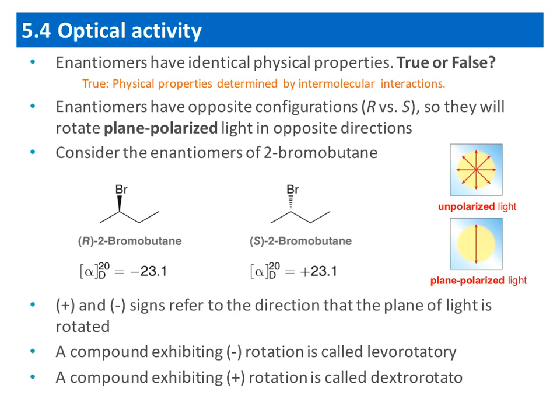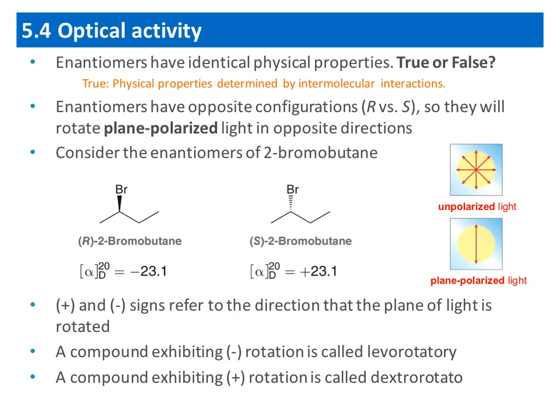If you have plane polarized light coming to your sample, and you put your sample of enantiomer in the polarimeter and shine it with plane polarized light, it will rotate the light in either the negative or positive direction. Different enantiomers rotate the plane polarized light to the same extent but in opposite directions.